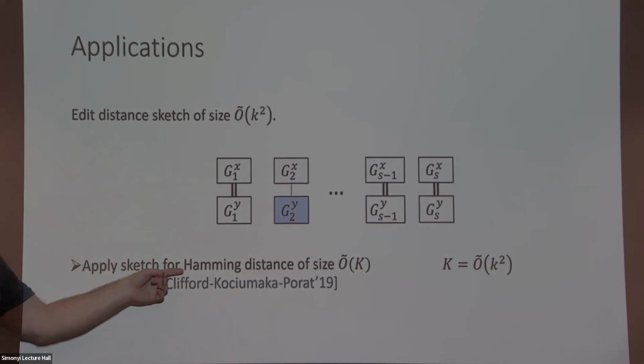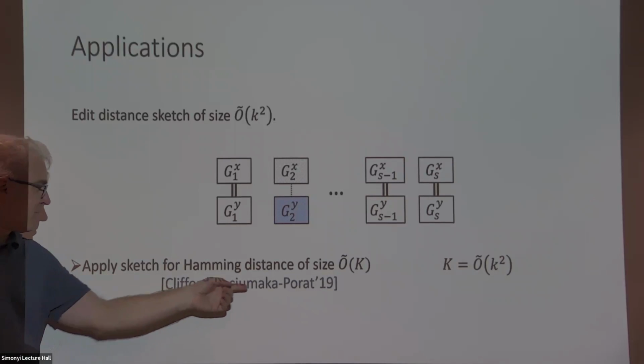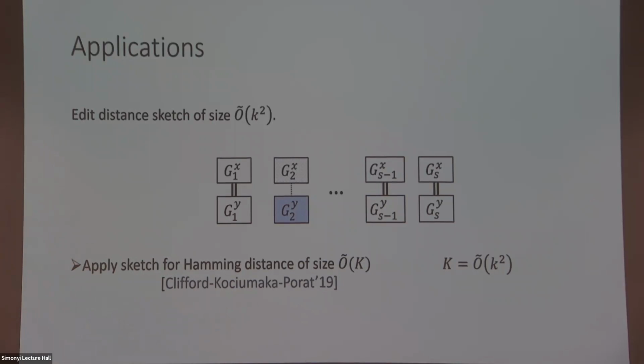The sketch you may use is either the one which you have seen, which would use standard error correcting codes, or you can use some more fancy stuff like the one by Clifford, Kociumaka, and Porat. The advantage of those sketches is that they have fast decoding, fast in the number of edit or Hamming operations, and they can also tell you what the differences are, and they can also modify the sketch.